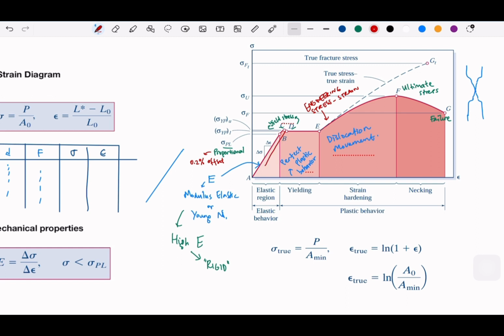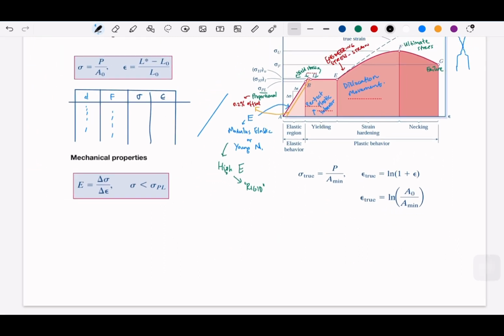Oh, this, let me write with the yellow. So this is the offset. Okay.